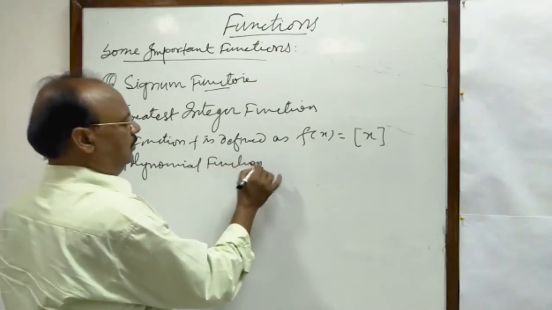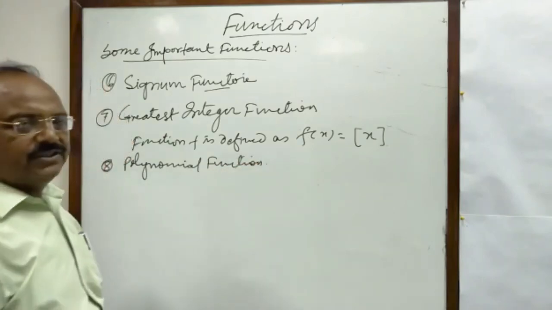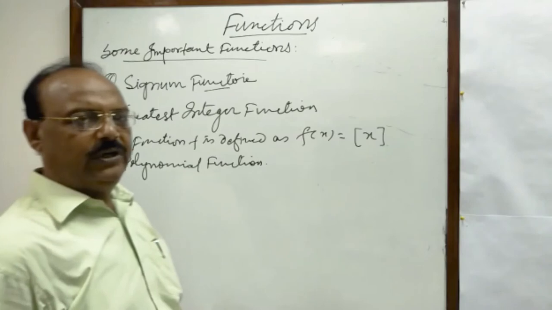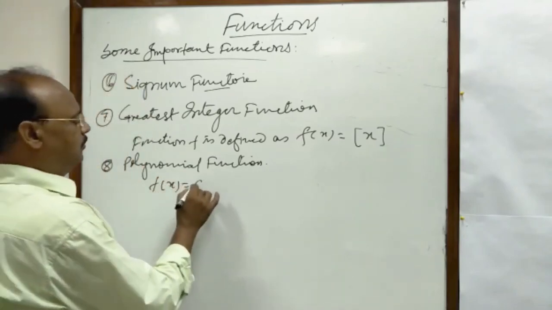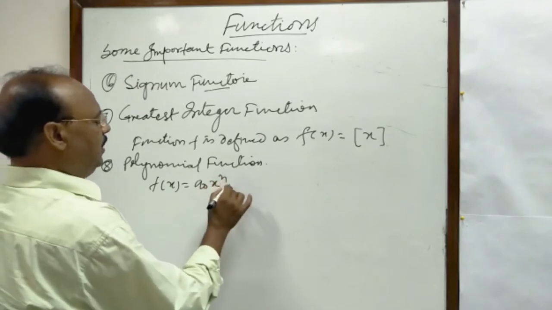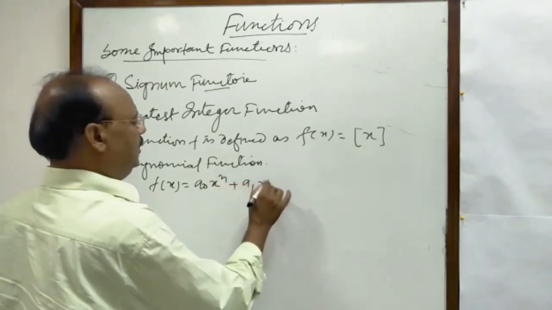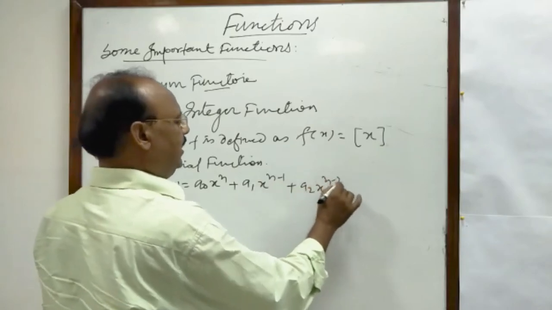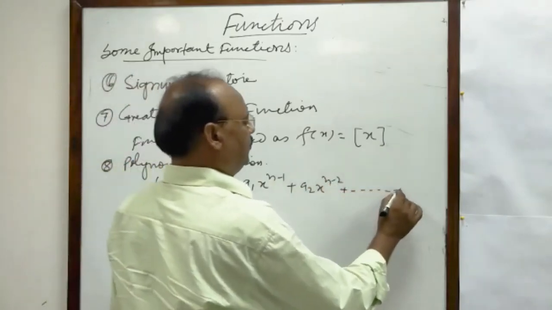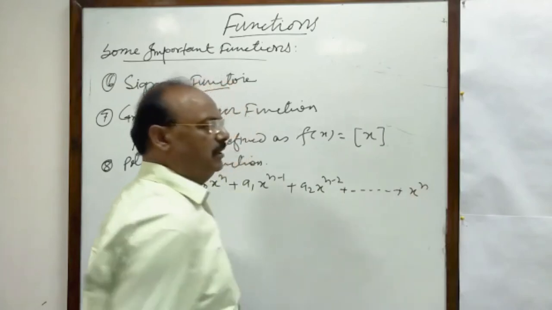Polynomial function. A function f is said to be a polynomial function if f(x) is equal to a0 x to the power n plus a1 x to the power n minus 1 plus a2 x to the power n minus 2 up to x to the power 0.